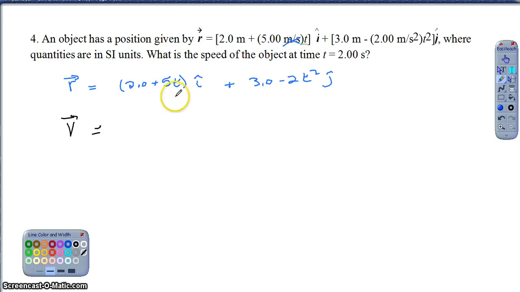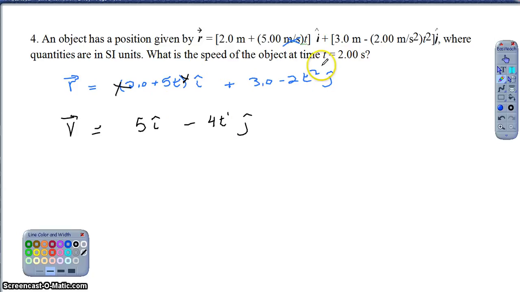So finding the derivative is easy enough. The 2.0, and keep in mind I'm dropping the parentheses, they're not really there. The derivative of a constant goes away, and then the derivative of 5t is just 5. So I end up with a velocity of just 5, and then over here the 3 goes away, and I pull the 2 out front, so negative 4t to the first j.